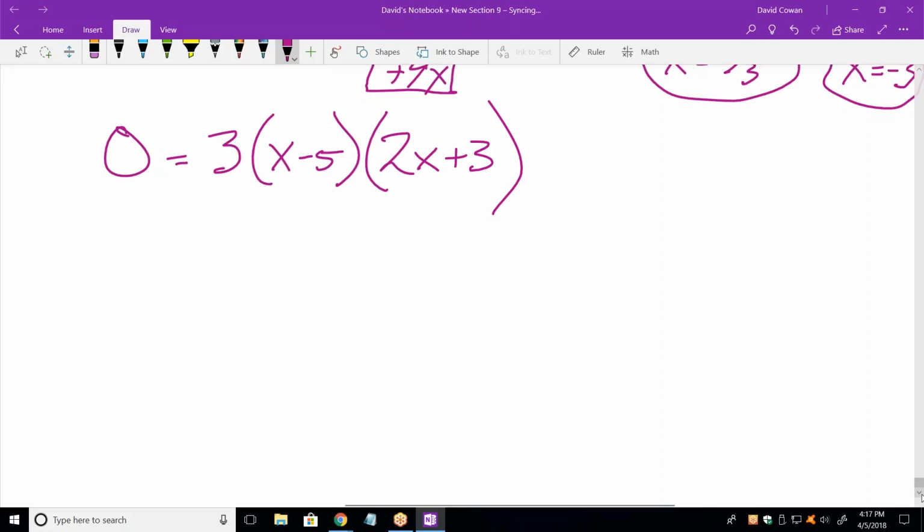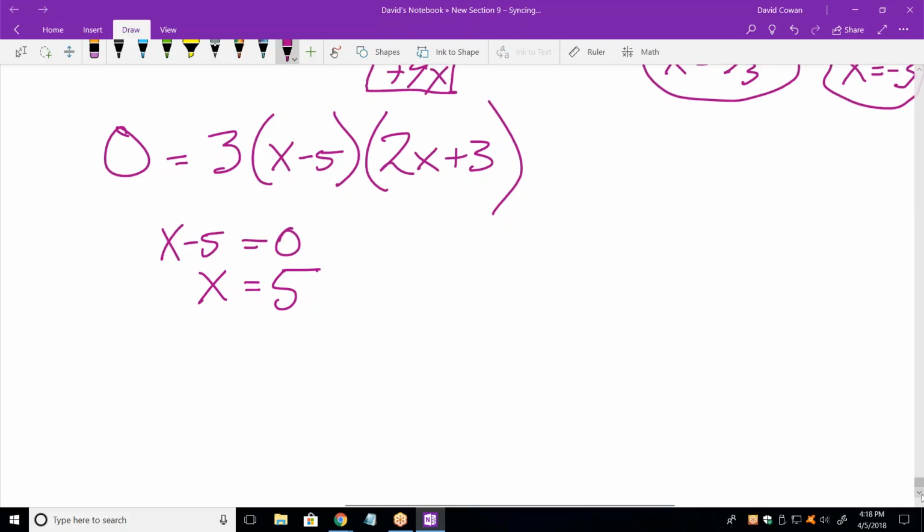They did the easy work for us here. They factored it already. So now what can I say? Now all we have to do is set x minus 5 equals 0, which gives you x equals positive 5.